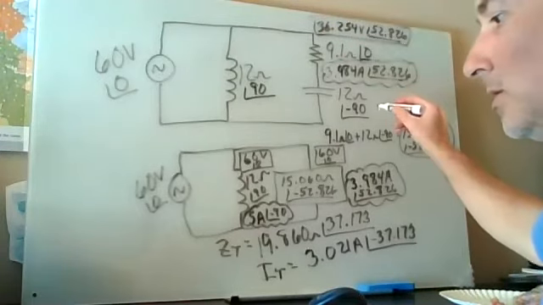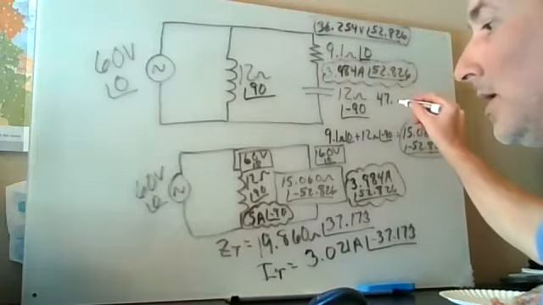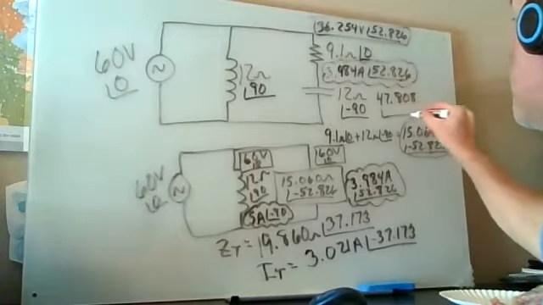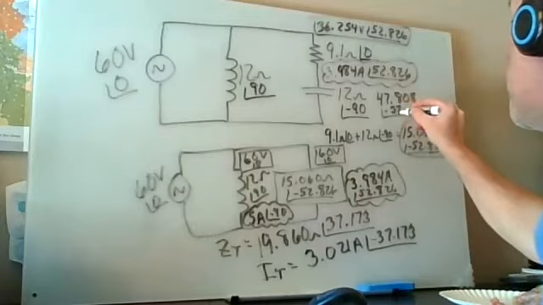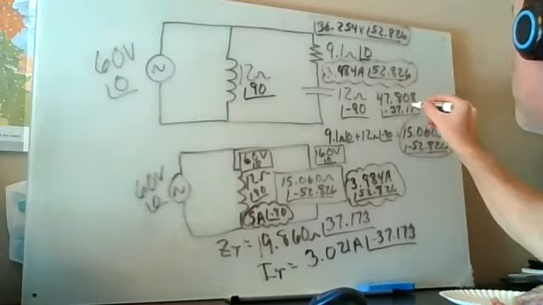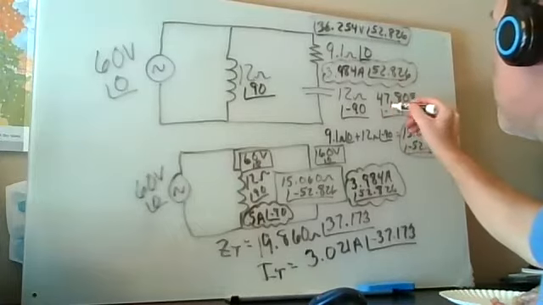And for this one, 47.808 at an angle of negative 37.174. Let's see if I can make that look like a 3.